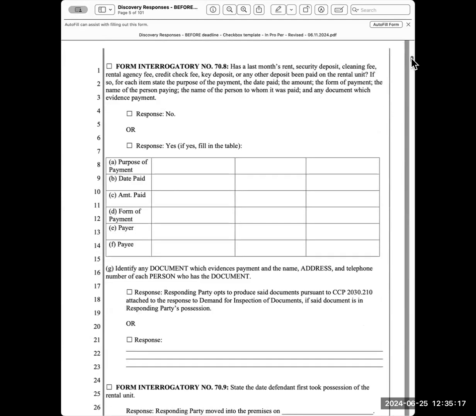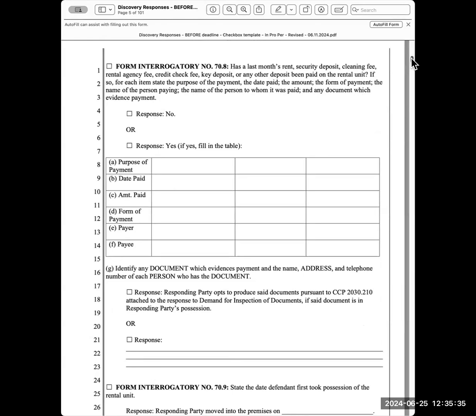Form interrogatory 70.8 is asking about any additional amount of money that you may have paid either the landlord or the property manager when you signed your rental agreement.